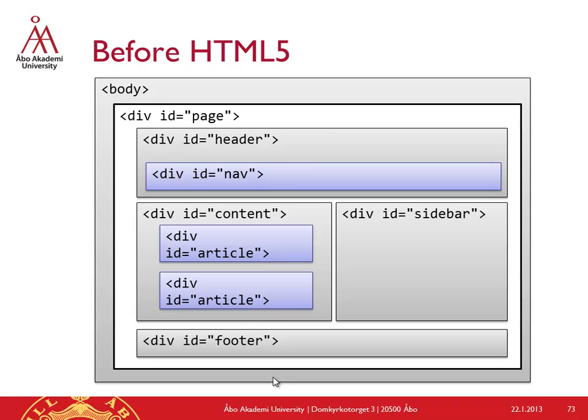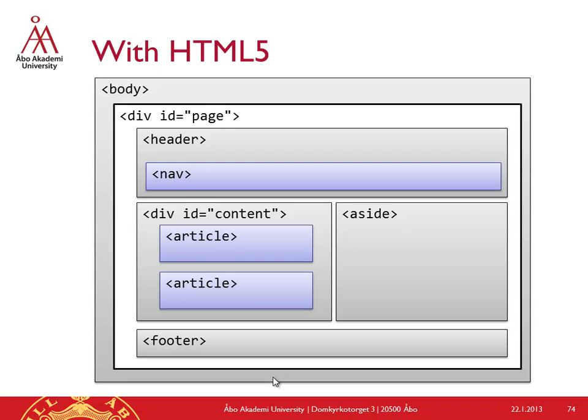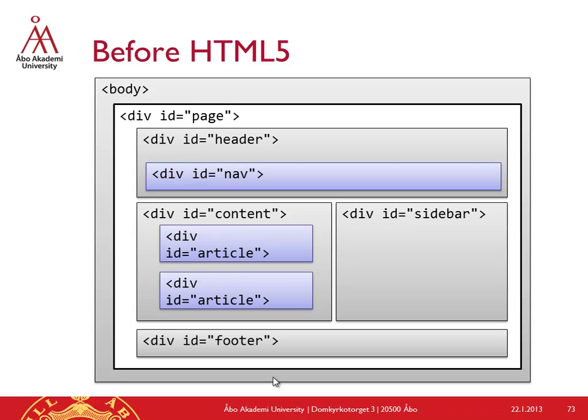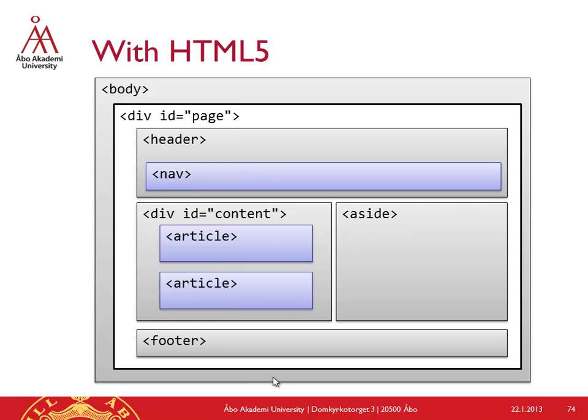With HTML5, we have more ready-to-use elements which are supposed to be organized like this. So you can see the difference. You will be able to use specific elements instead of general divs with specific ID or style or class. So that's the basic idea.